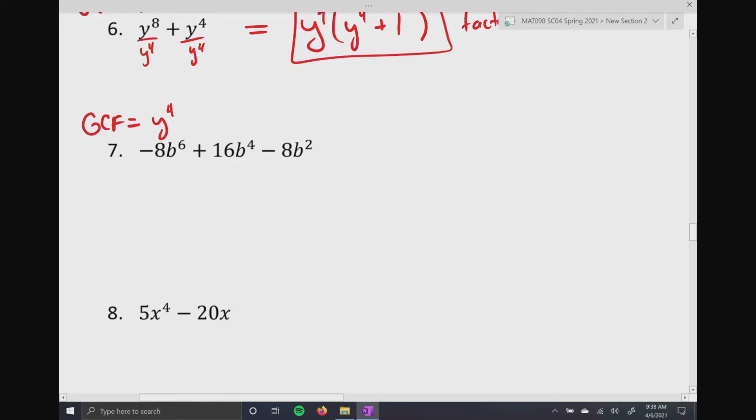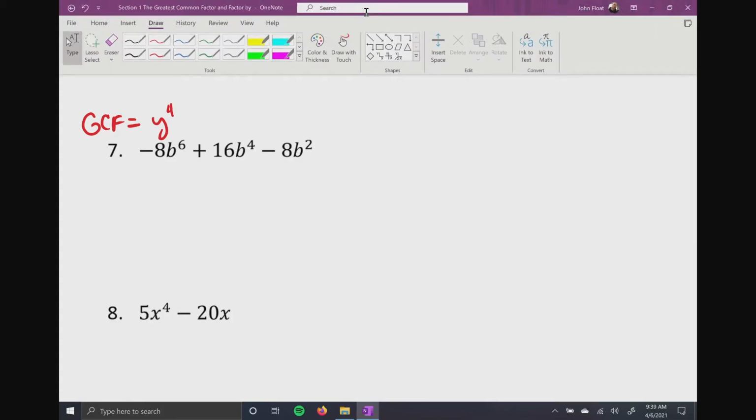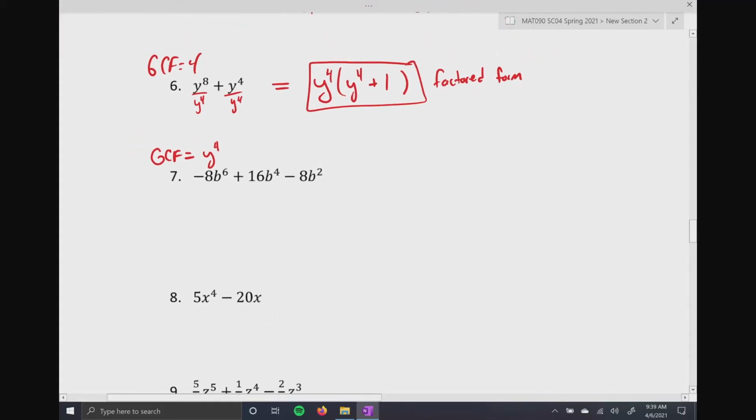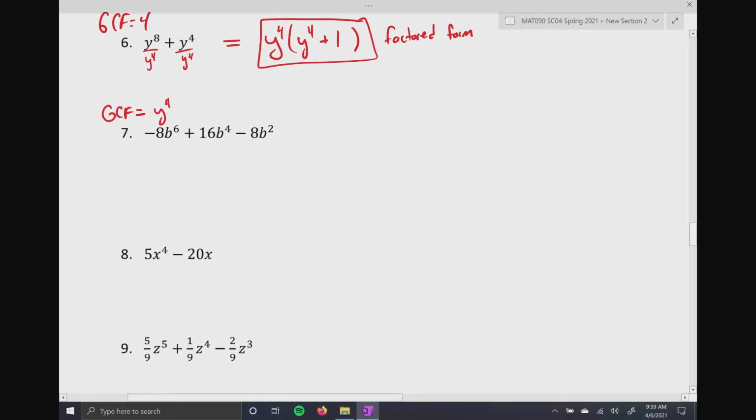Negative 8b to the sixth plus 16b to the fourth minus 8b to the second. All right. So let's find our GCF first. Now, I see these numbers, negative 8, 16, negative 8.